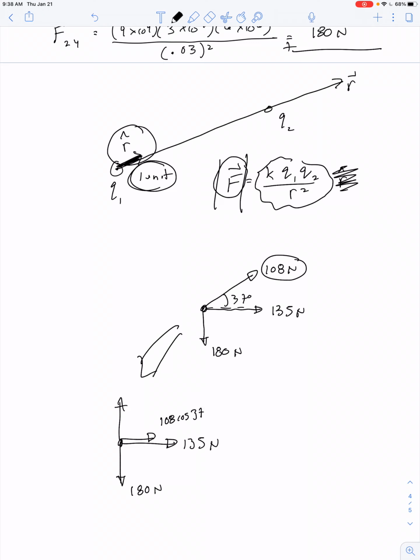And all I need to do is 108 times the cosine of 37 degrees. But cosine of 37 is the same thing as 4/5, just like the sine of 37 is the same thing as 3/5.